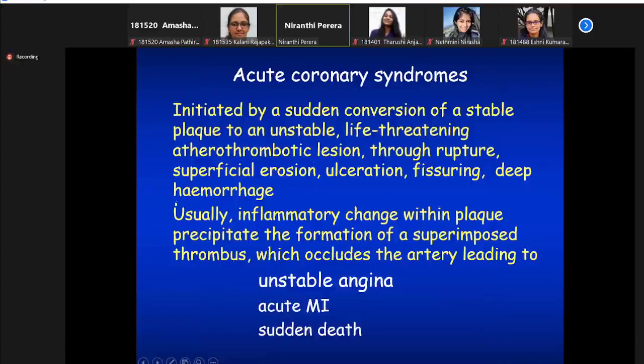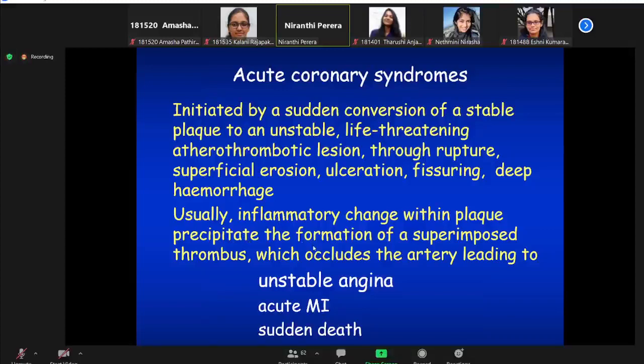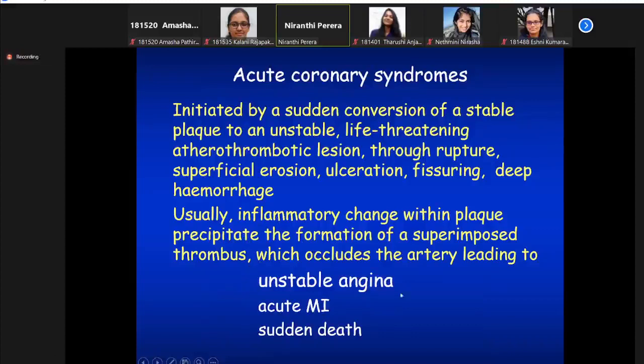Usually inflammatory change within the plaque precipitates the formation of this thrombus. And when you get a thrombus, you can get either unstable angina, and you will be taught about what that is and what the ECG changes and the clinical presentation are, or you can get an acute myocardial infarction, or you can get sudden death.